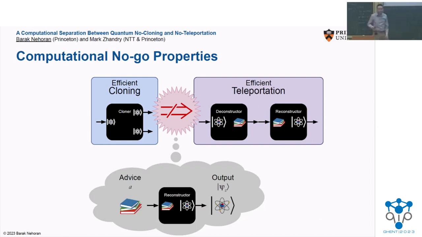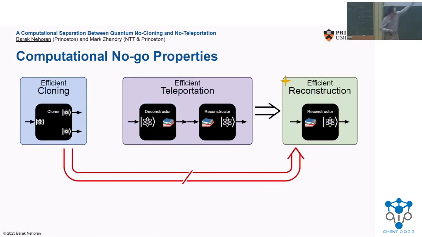And so one interesting aspect of our proof is that we go through an intermediate step along the way, showing that you cannot do this task of reconstruction given some advice string. And so what you can actually do is factor it out into its own task that we defined, called reconstruction.